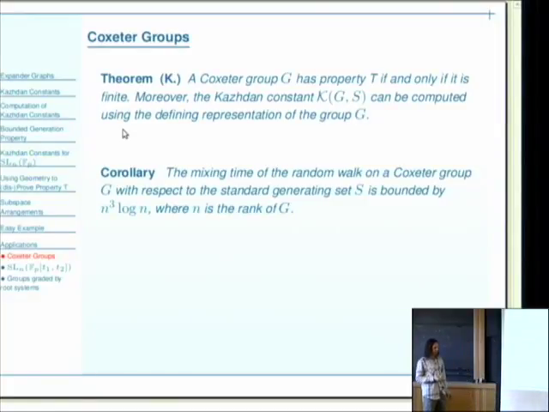What is the rank of the Coxeter group? The number of generators. So think about the symmetric group, that's the classical example. For the symmetric group, this was done by Bacher and de la Harpe in the mid-80s, I think. And that's the only exact value of the Kazhdan constant for a non-trivial group which I have seen in the literature.